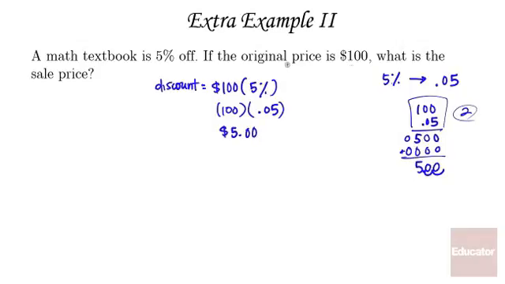Now, whenever you multiply a decimal by 100, remember you can just move the decimal point.